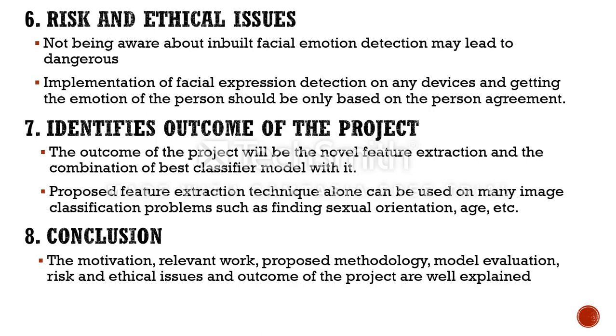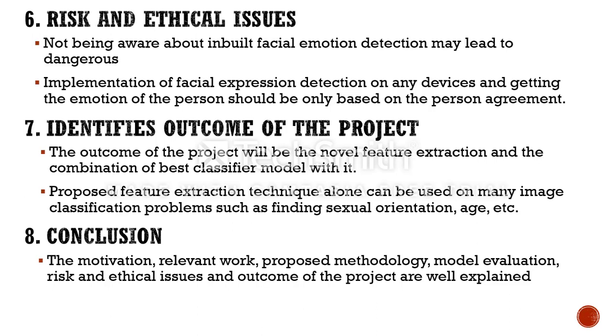And the outcome of the project: with the proposed wavelet features and the best model out of the three models, I will come out with the best model. So the combination of the features along with the best classifier model can be used anywhere for further classification problems.